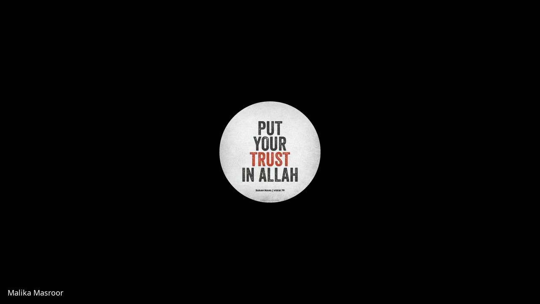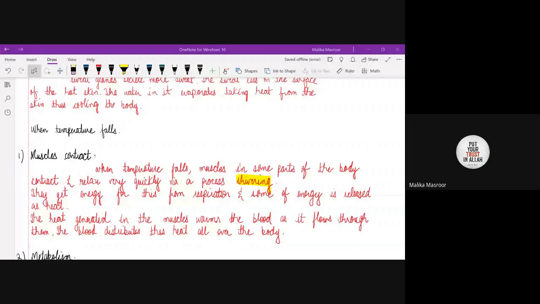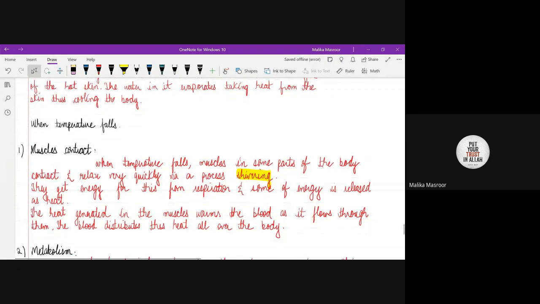Okay, yes. Let me share the screen back. Now, in this case, your muscles will contract.